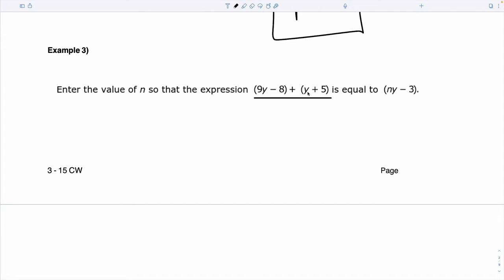And then how might I make it equal to? 30 seconds, go. Five, four, three, two, one.